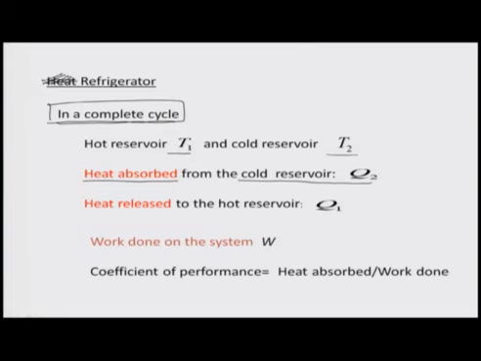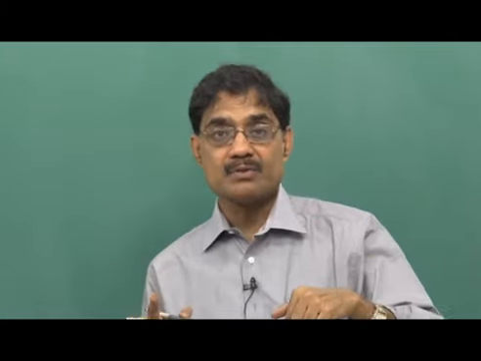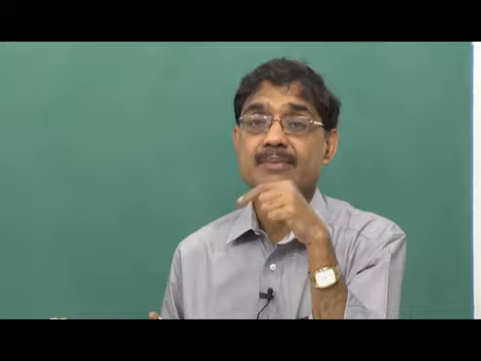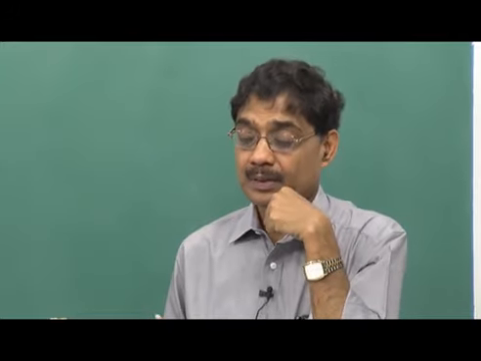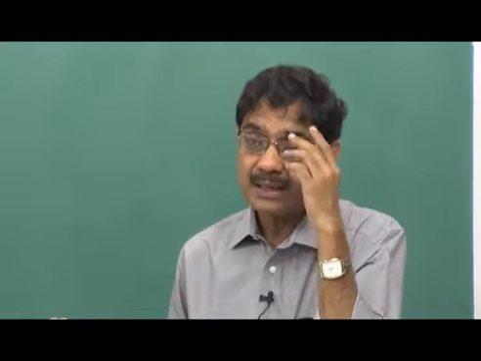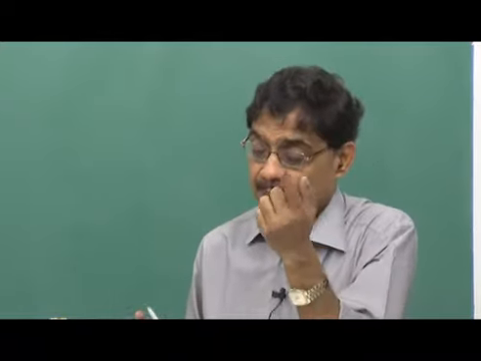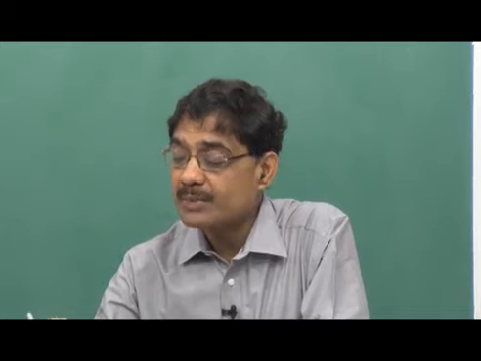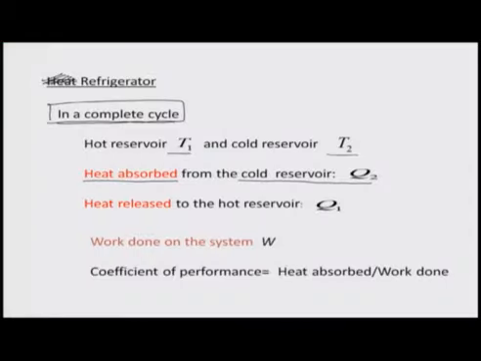Note, earlier in the case of the engine, heat was absorbed from the hot reservoir at temperature T1. The refrigerator does the other way around. I told you the refrigerator works in a reverse way. So, heat absorbed from the cold reservoir is Q2, and it releases heat to the hot reservoir.